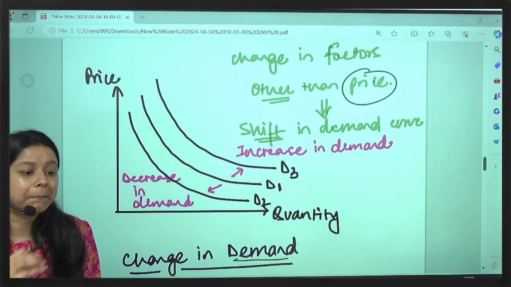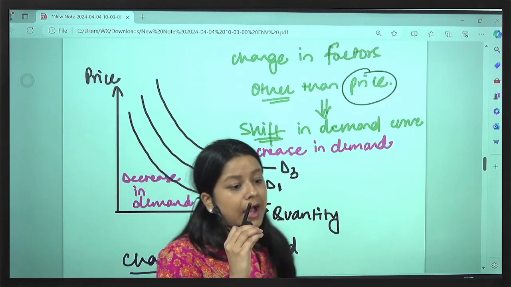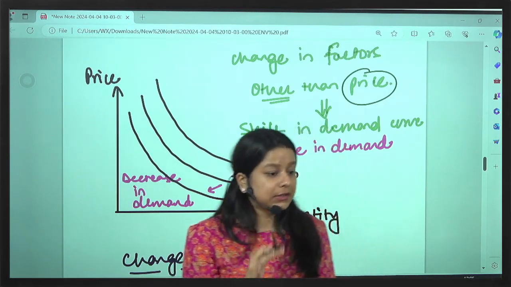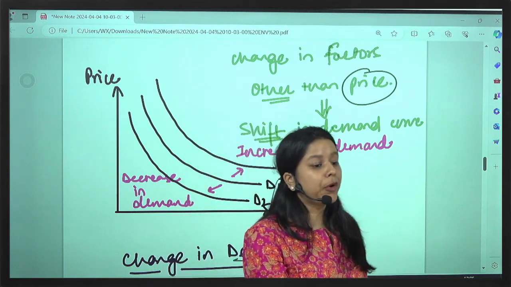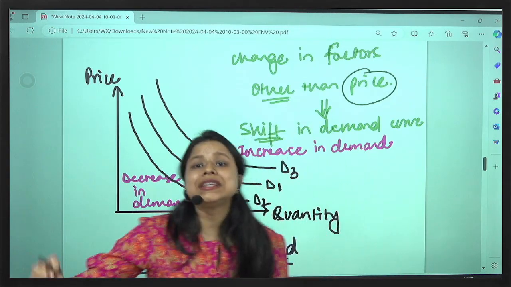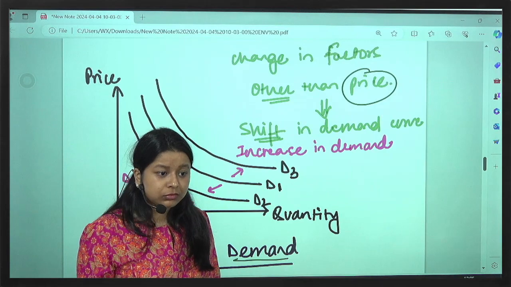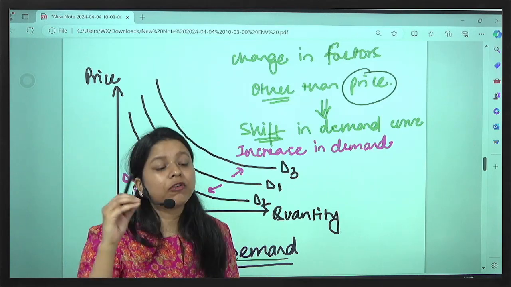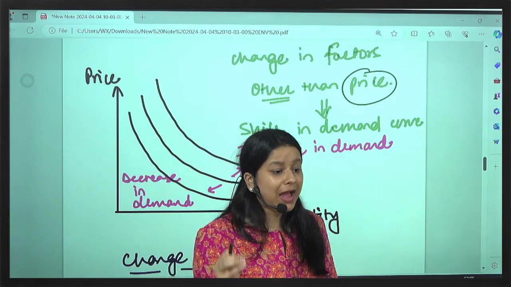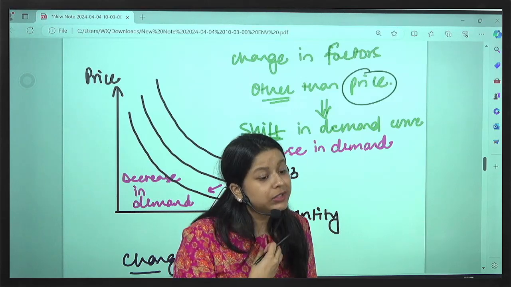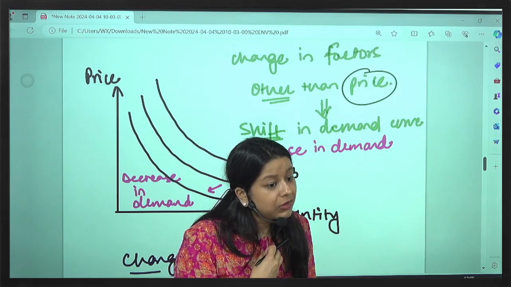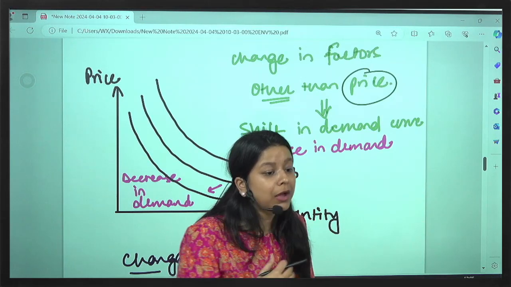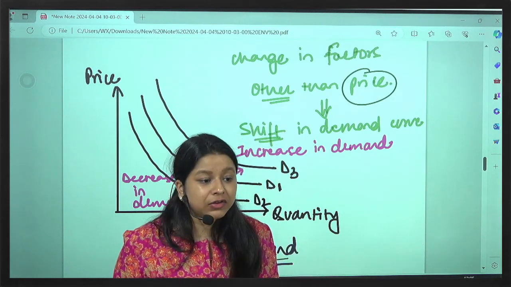Now, for example, I tell you my income increases from 50,000 per month to 60,000 per month. Price of mangoes remains the same at 500 per kg. So tell me, I will be able to consume more mangoes now at 500 rupees.